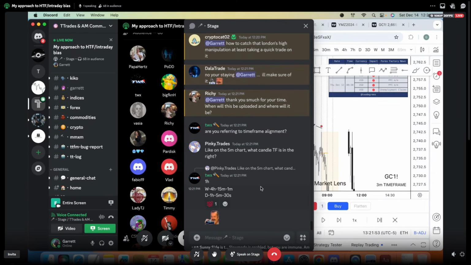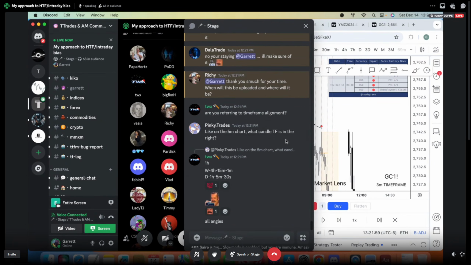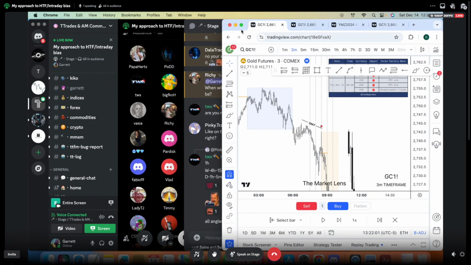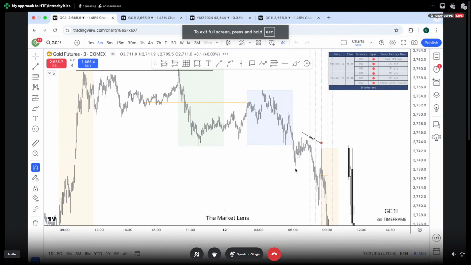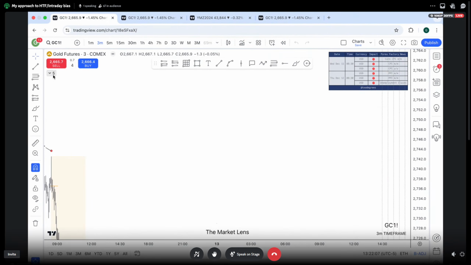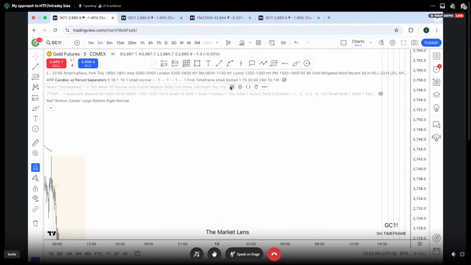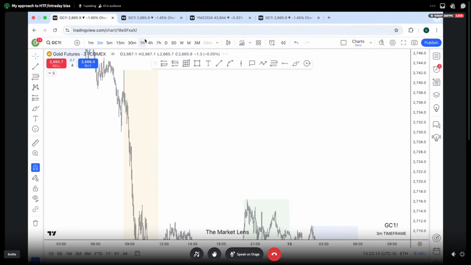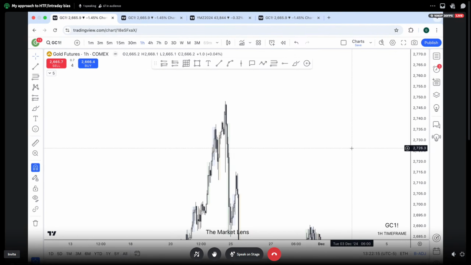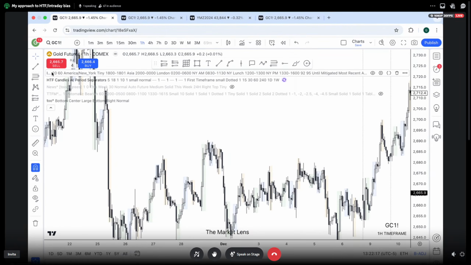Like on the 5 minute chart, what candle time frame is this? Oh, it's the hourly. Yeah, so this indicator, I think you can get a version of this indicator, but maybe not the actual one. This one might be a paid one. I got it through a link from T-Trades, but I don't know if you actually get it. But if you can get it, this is it, by the way.